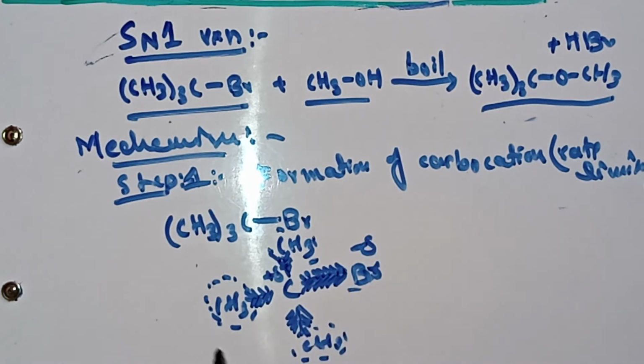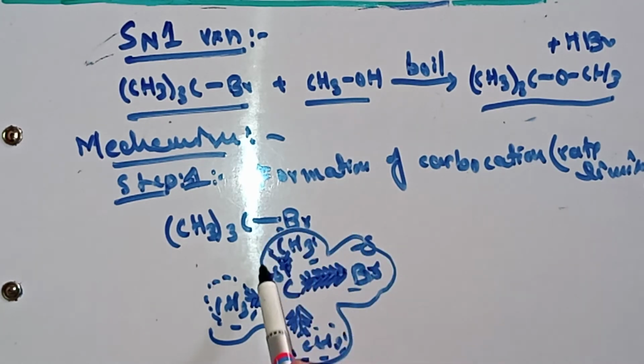So the more bulky groups in an Sn1 reaction, the more the rate of the Sn1 reaction.